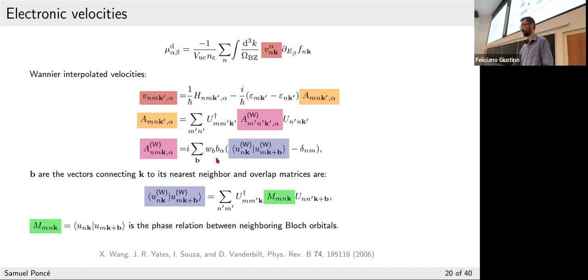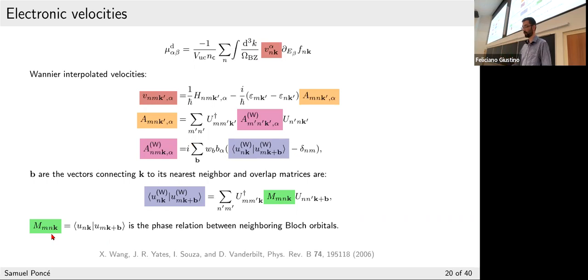And then this can be computed in terms of finite difference with this formula, where what you can see is that here you have the overlap of the periodic part of the wave function in this Wannier space. And then this can be expressed in terms of this M_mn that you've done yesterday with the Wannier tutorial.